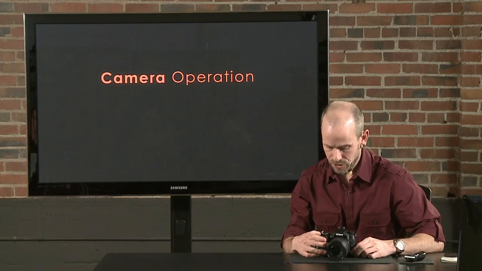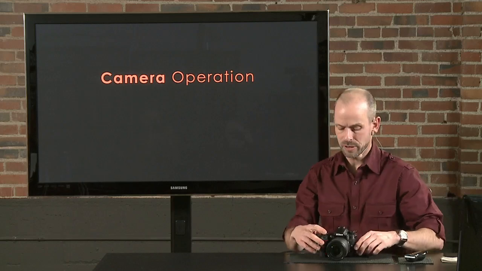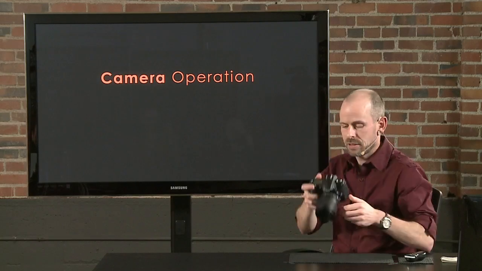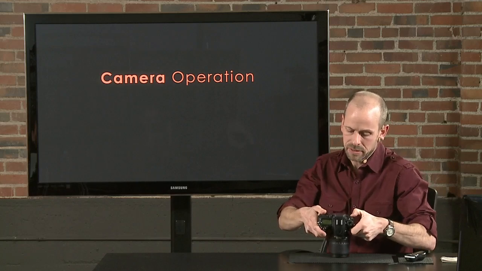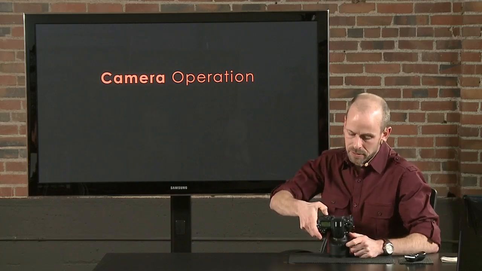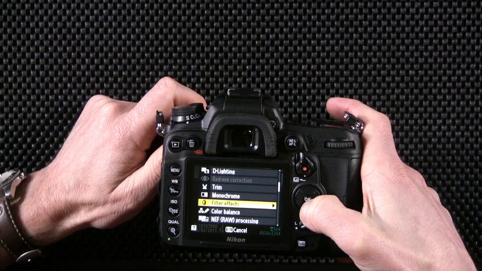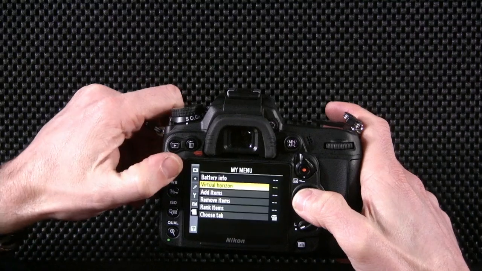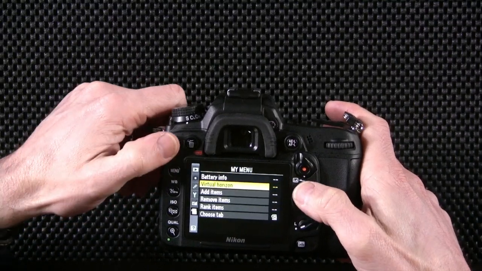For this class, I've been shooting JPEGs just because we're here in the class and these aren't serious pictures. But if I shoot a RAW image, I play it back, and then I hit the OK button. You know, there's certain types of pictures that it doesn't want to play with when you get into the retouch menu. And I thought it was the RAW images, but it appears to be accepting that.